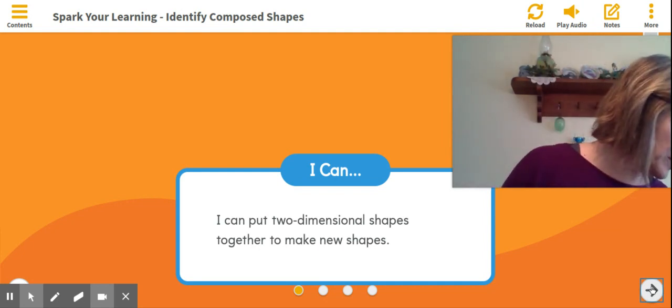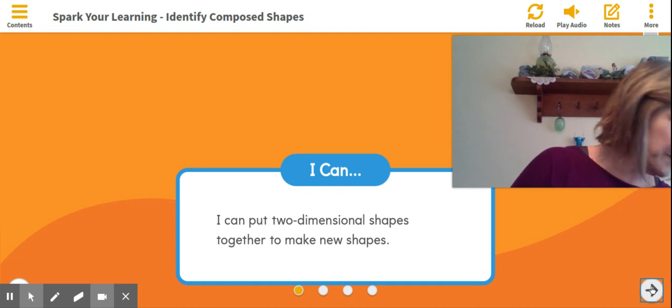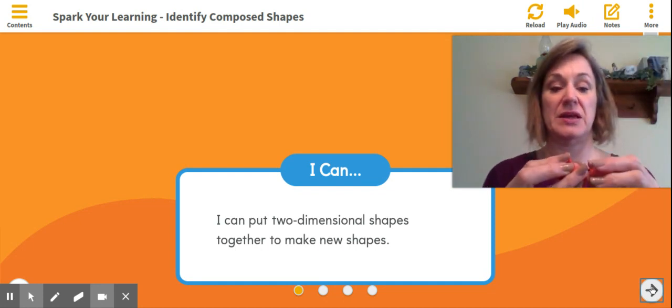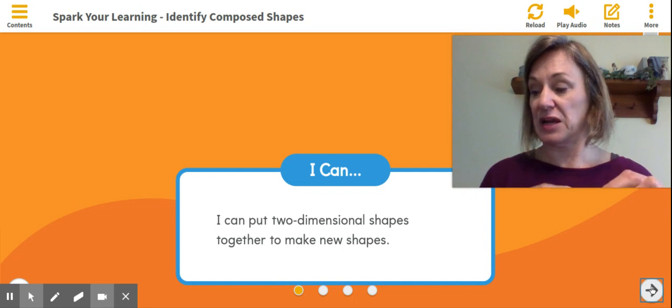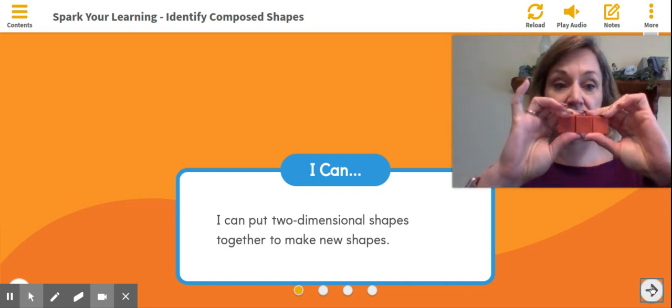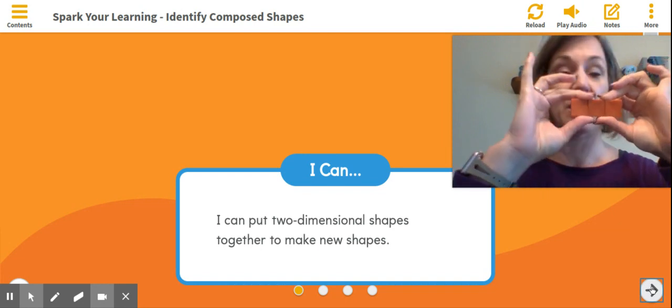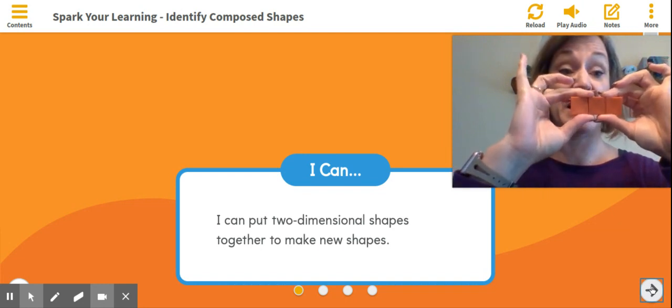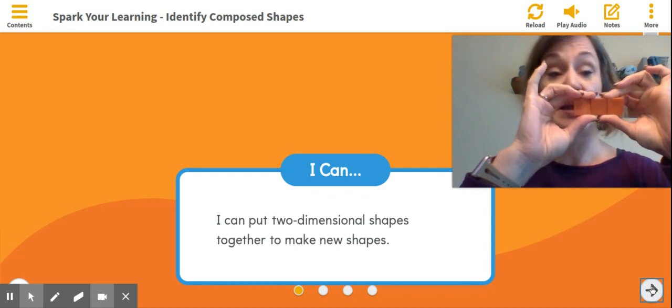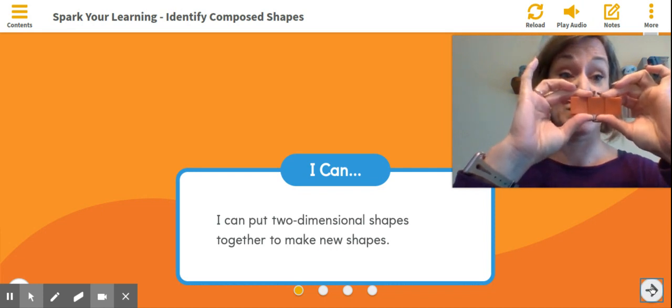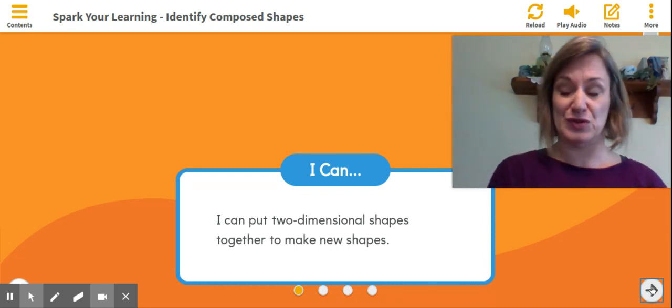So if he puts 3 squares in a row like this, I'm talking about number 1 at the bottom of page 445. If he puts 3 squares in a row, has he made a rectangle or has he made a square? You tell me. Which one should you circle?